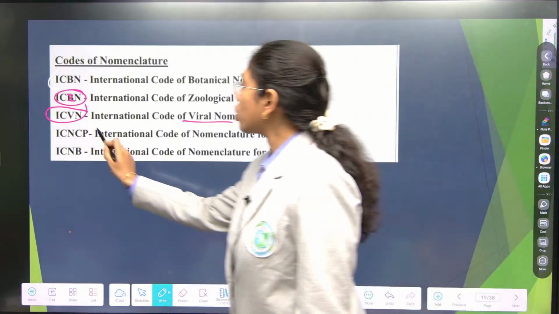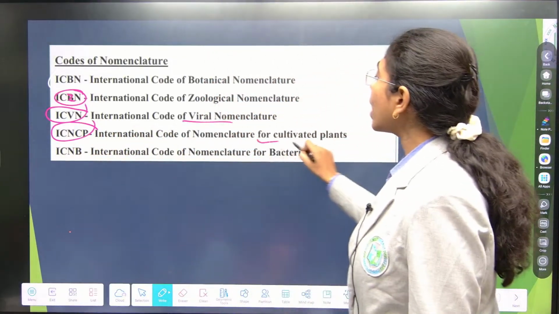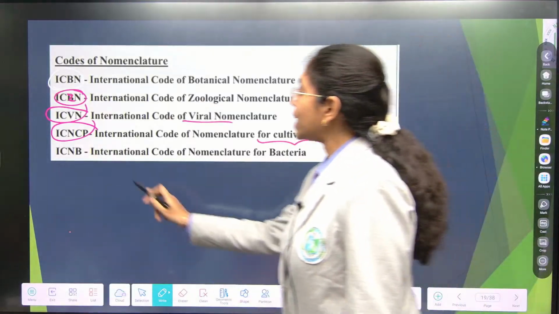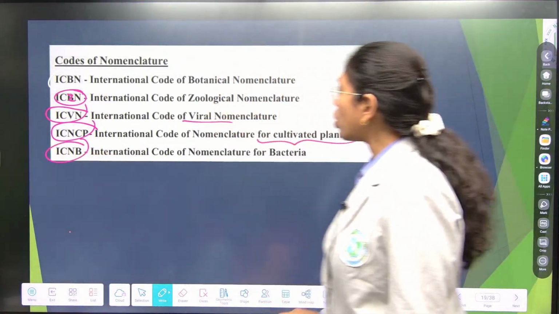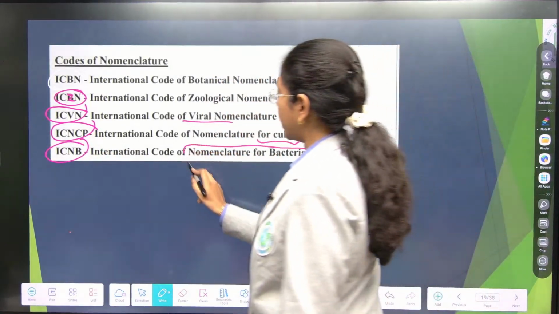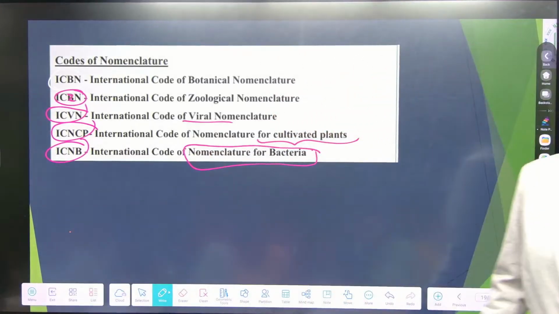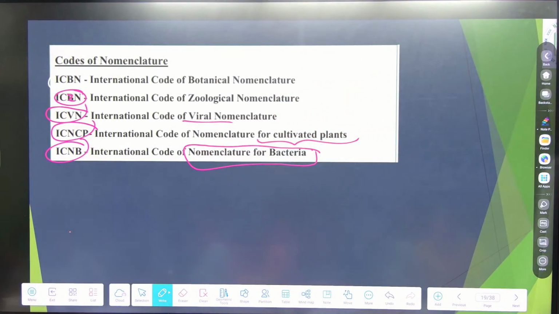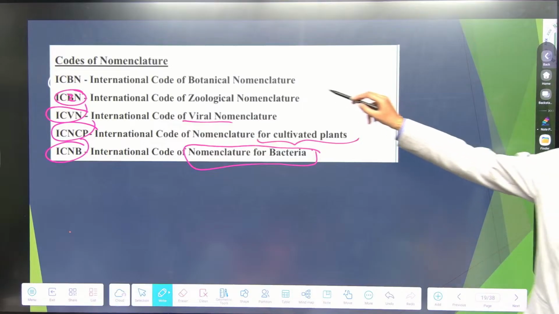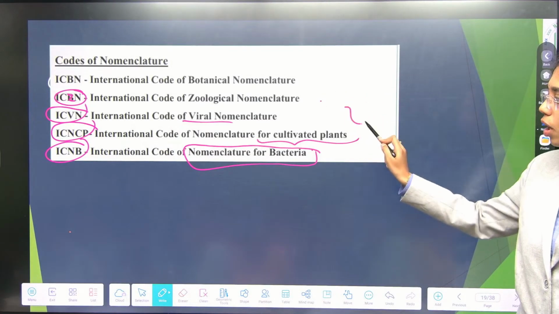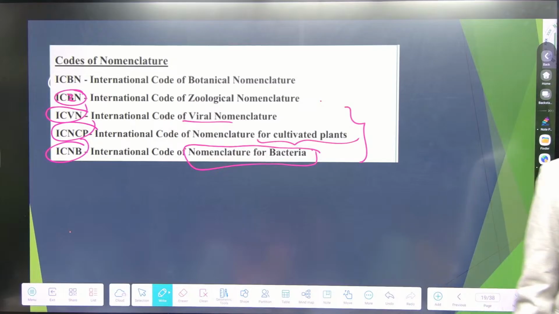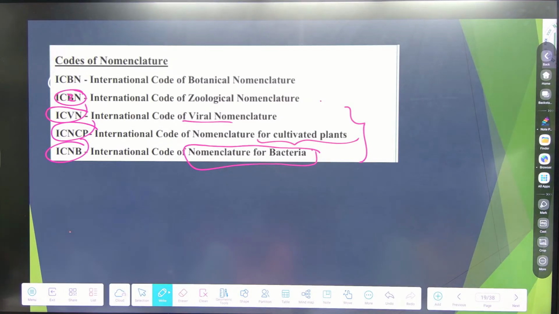ICNCP, International Code of Nomenclature for Cultivated Plants. ICNB, International Code of Nomenclature for Bacteria. Take down these abbreviations, they are important. You know only ICBN and ICZN, right? Viral nomenclature, cultivated plants and bacteria are also important.